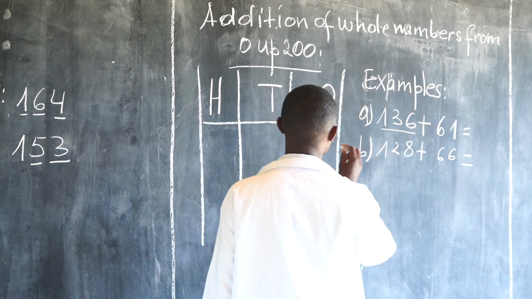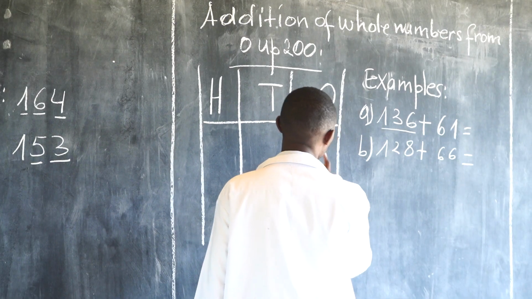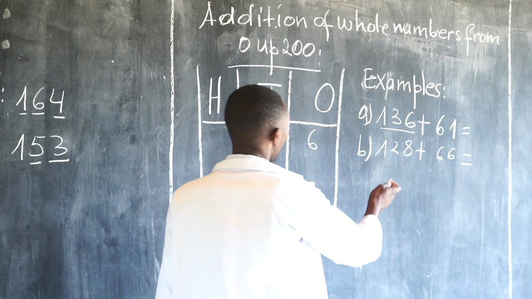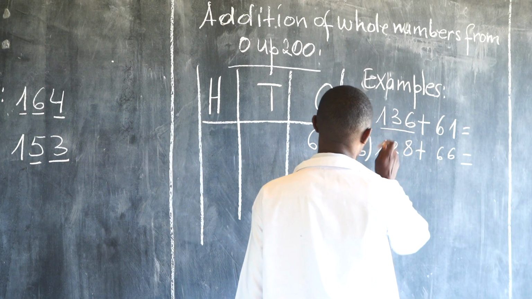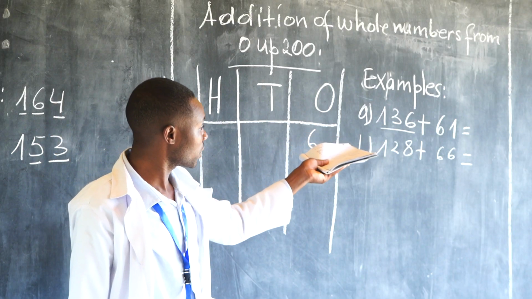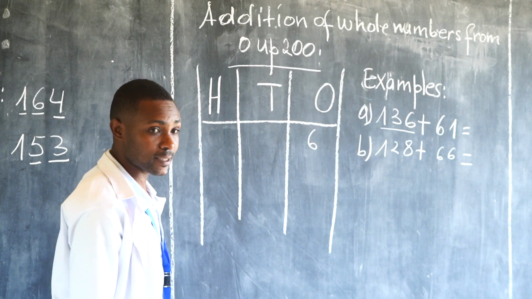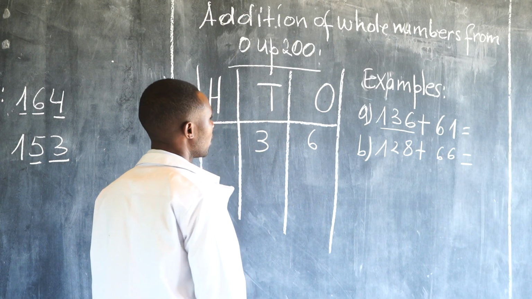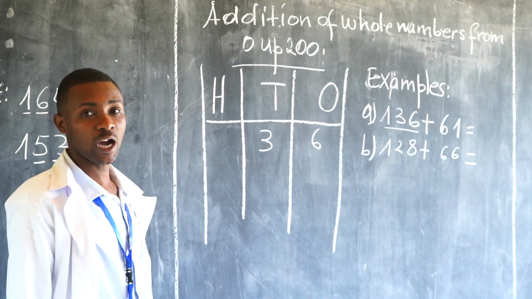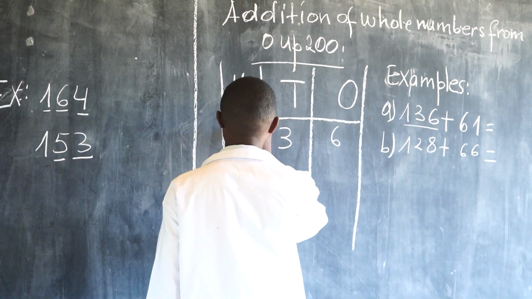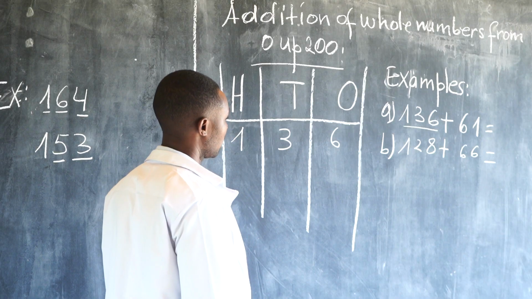Now we are going to start with 6 because this 6 represents ones. Now after 6 we have 3. As we have seen, this 3 represents what? Tens. Now we are going to put 3 here. Now after 3 we have 1, which represents hundreds. Now let us continue.